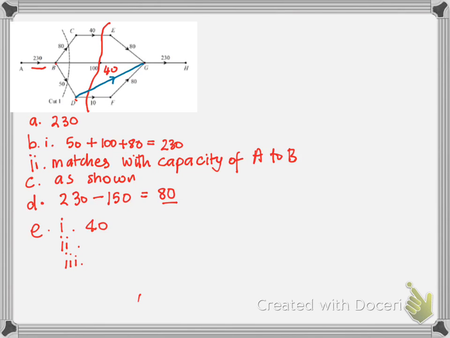So this is now the 150 that you had before plus that new road, and it's going to be 190. If you weren't sure about that, but you know how to do cuts and find the minimum cut, then you could simply redo that with the road inserted. By taking lots of different cuts, you would work out that was your minimum cut with that new road included.